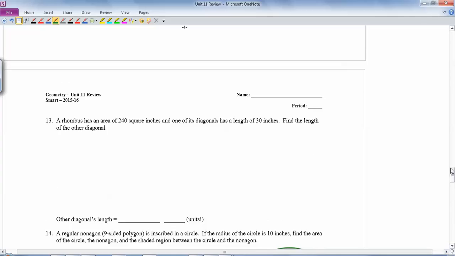So 13 is a rhombus problem. Let's go ahead and just sketch a rhombus out here. So here's the rhombus. One of the diagonals is 30 inches in length. So let's say that's 30. The total area is 240.